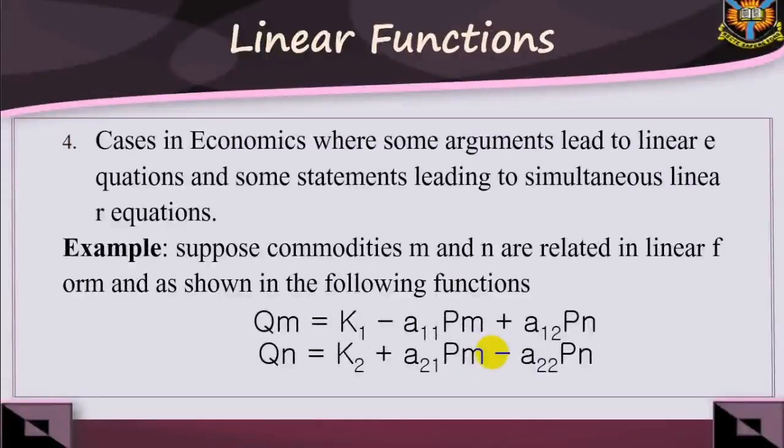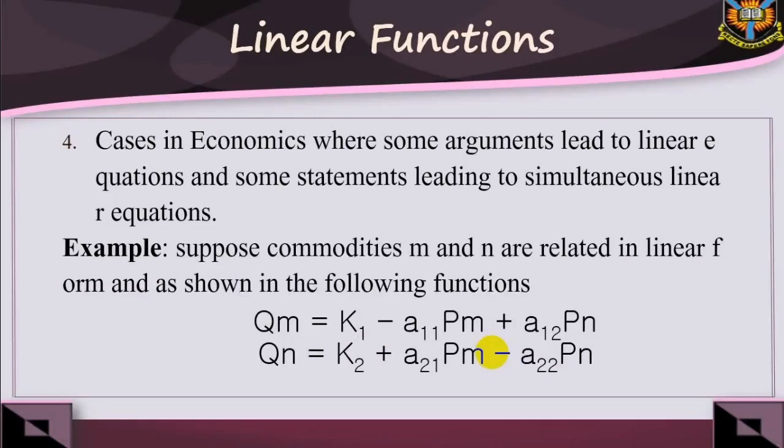Number 4. Cases in equations where some arguments lead to linear equations and some statements lead to simultaneous linear equations. Suppose commodities M and N are related in linear form as shown in the following functions.